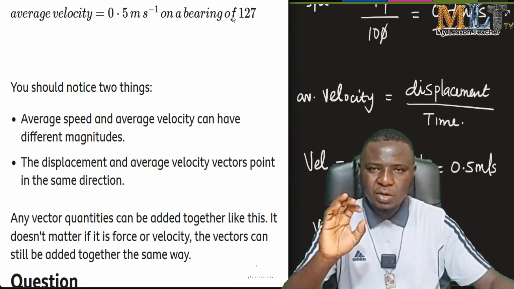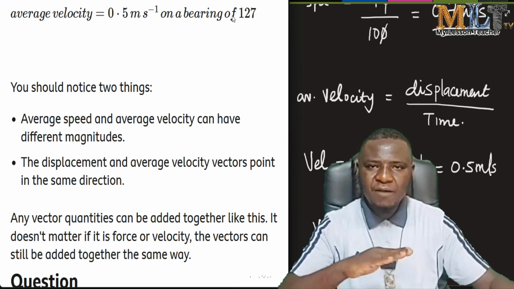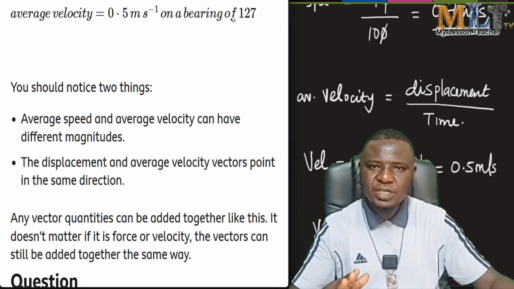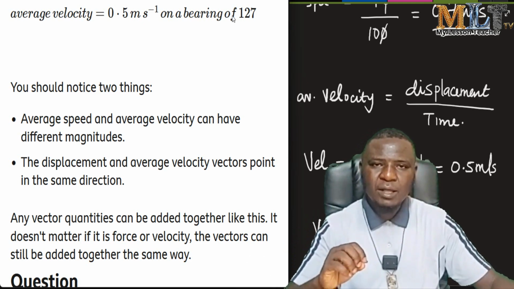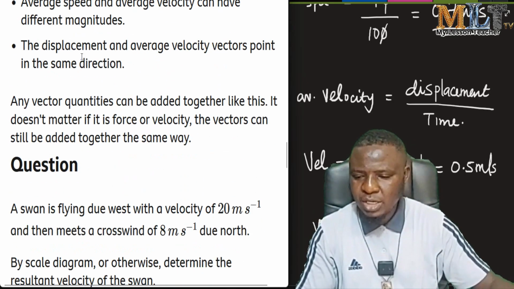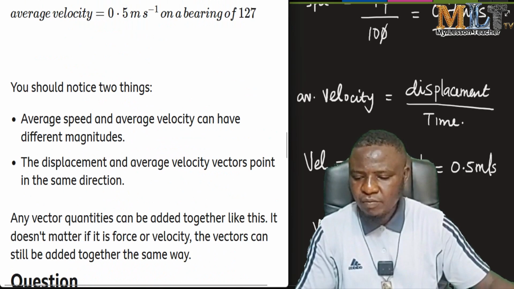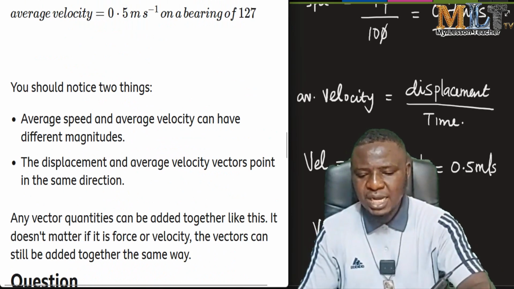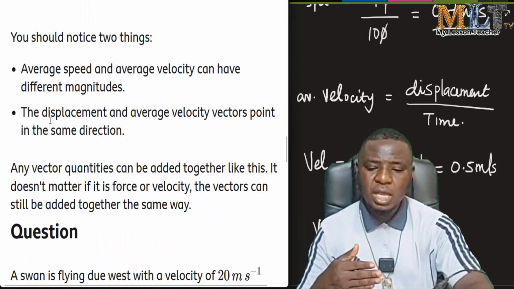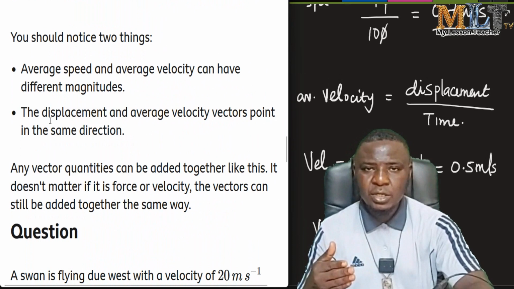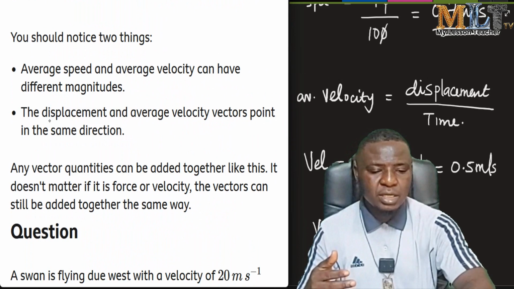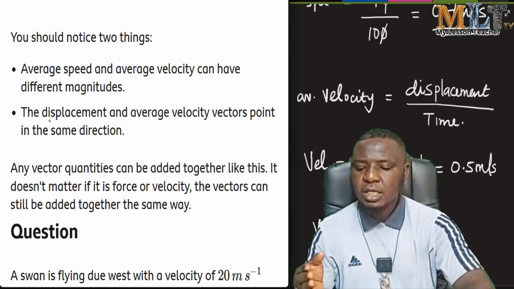So just know this: average velocity has the relationship of displacement over time, while average speed has the formula distance divided by time. You should notice two things. One is that average speed and average velocity can have different magnitudes, like what I got. I got the average velocity to be 0.5, while the average speed is 0.7.